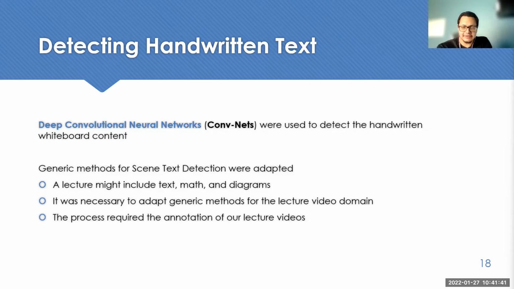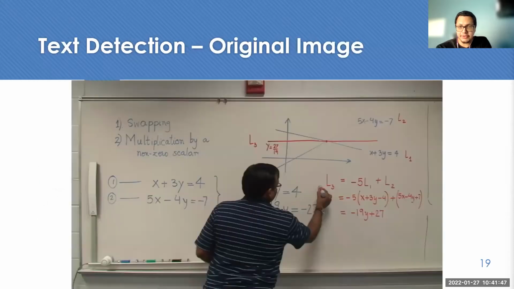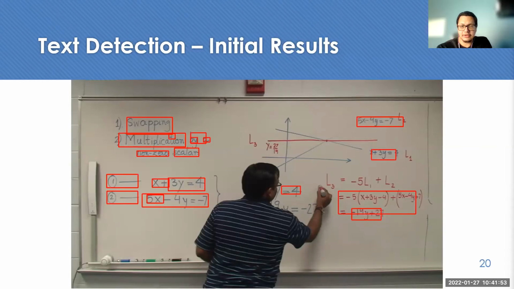And after that, it is able to detect a lot of the stuff that is on the whiteboard. So for an image like this, after running the detector, the output might look like this. As you can see, it's not perfect. And the problem is there is a lot of variation because the decision is made locally for every frame.